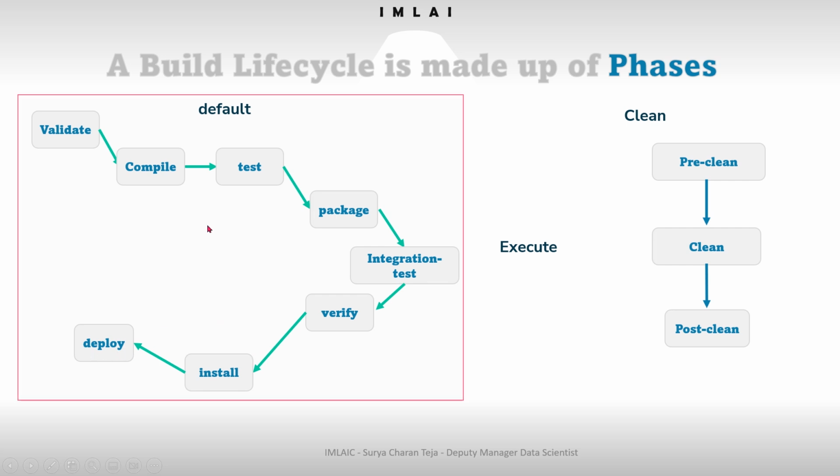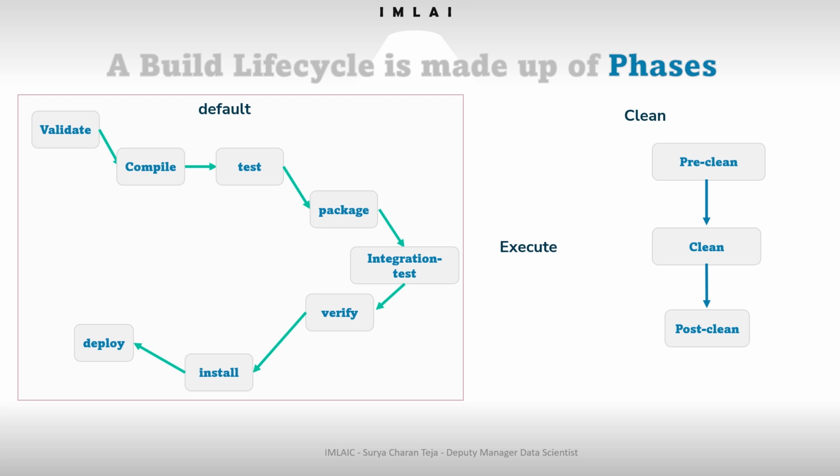So that's it. From validating the source code, then compiling it, then testing it against some tests, then packaging it, and then doing integration tests and verifying their efficiency and effectiveness, then finally install it on your local machine.